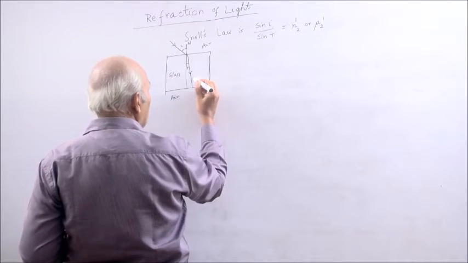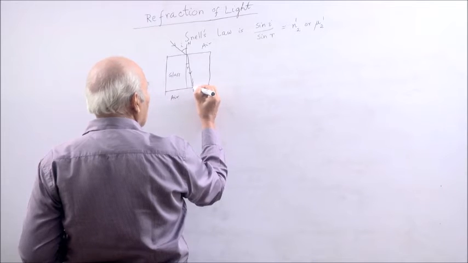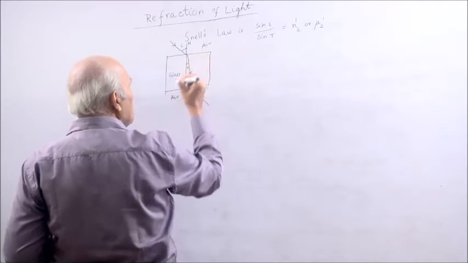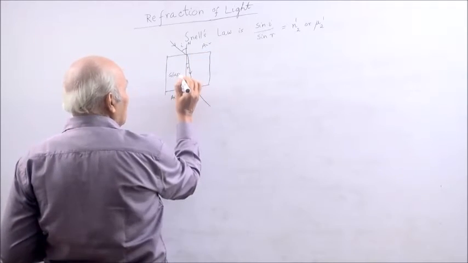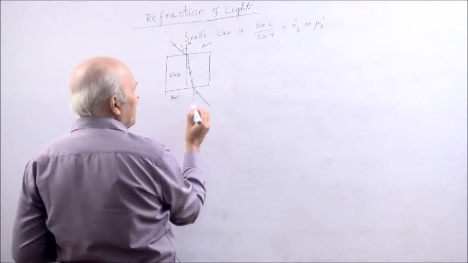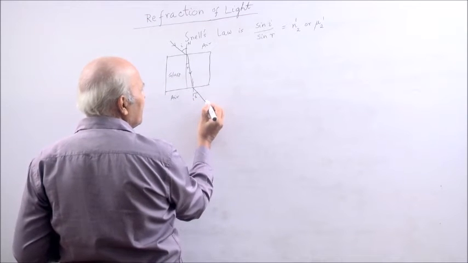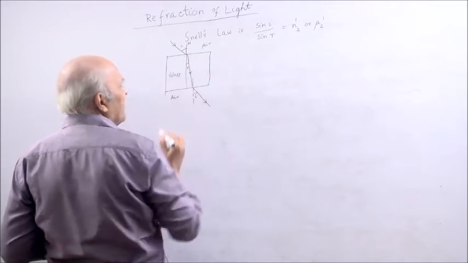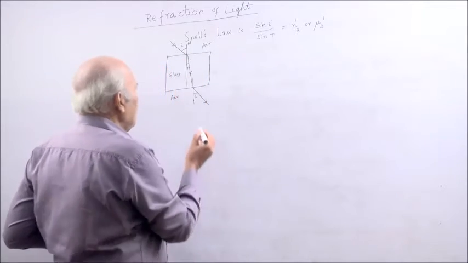So what will happen? Here you have to find another normal, and it goes like this. And it is found that if the two media are equal on the two sides of the denser medium, then the angle of emergence, i, is the same as the angle of incidence.